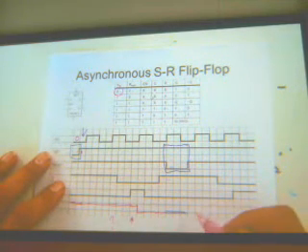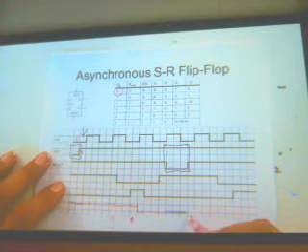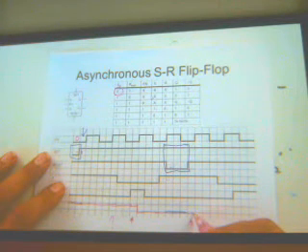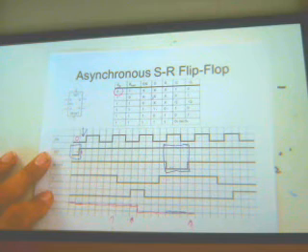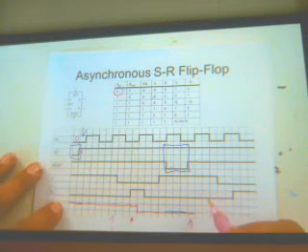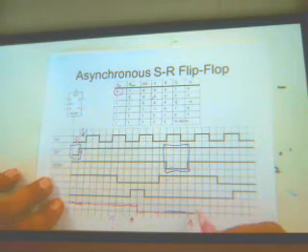Okay, now we're done with that. Let's see, right here we're not enabled, so we still have no change. What about the next block? Let's see. R is 0, S is 1, so we go up a notch, right? We go up to 1, is that right?